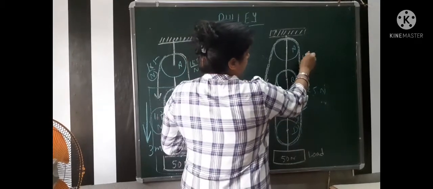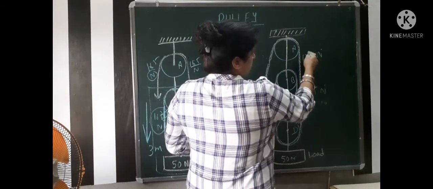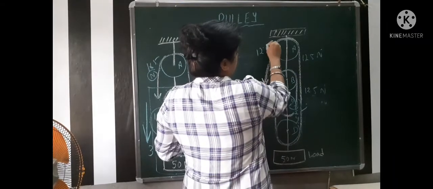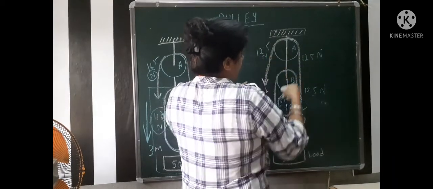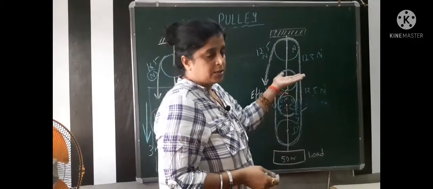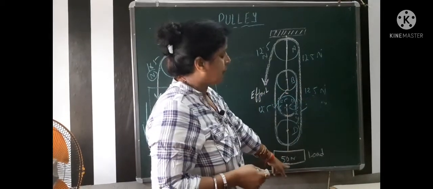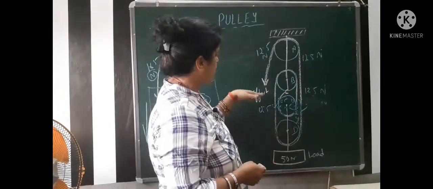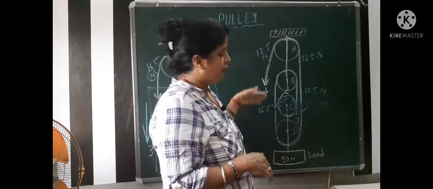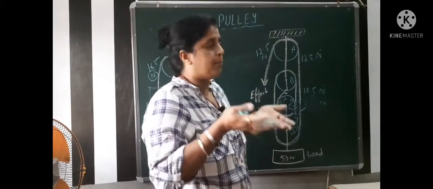Naturally, if on this side 12.5 Newton tension force is there, then on this side also he or she will need 12.5 Newton force to pull it downward or to lift the body. So now see the effort, the weight of the body is 50 Newton and he or she requires only 1/4 force. Even gravitational force also supports lifting the body.